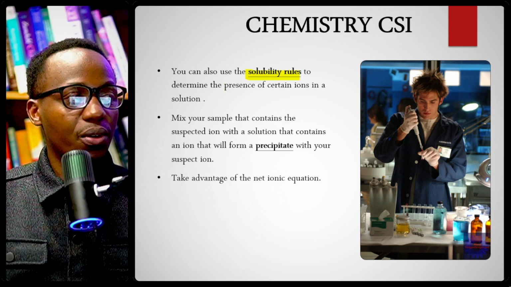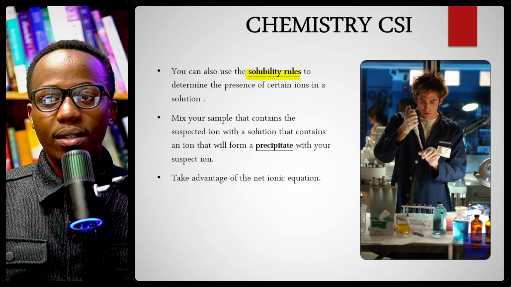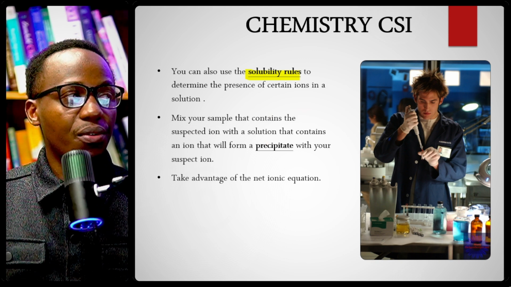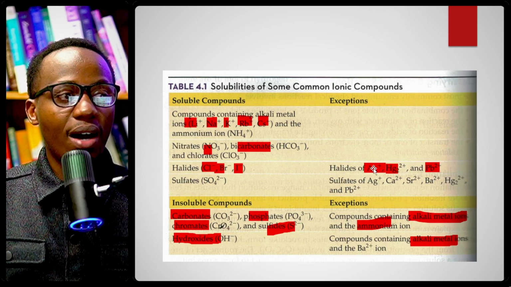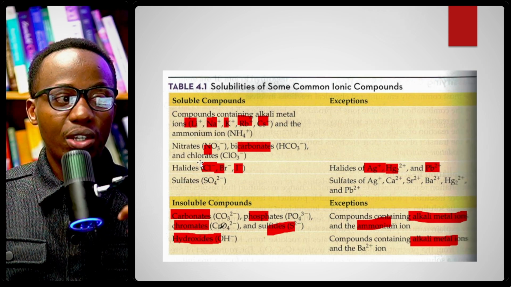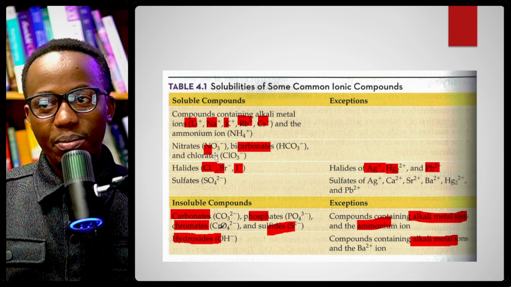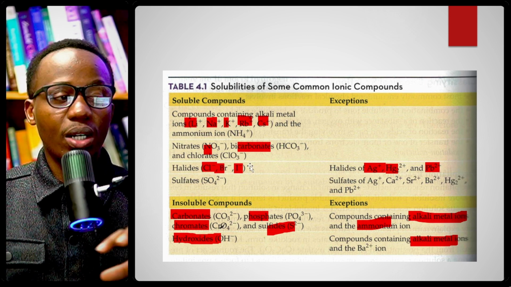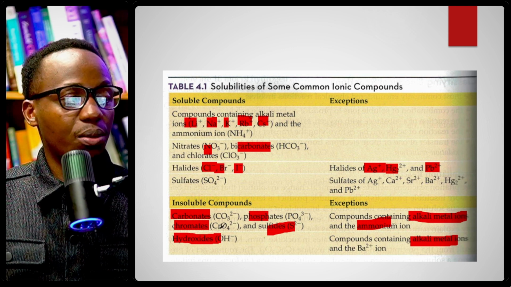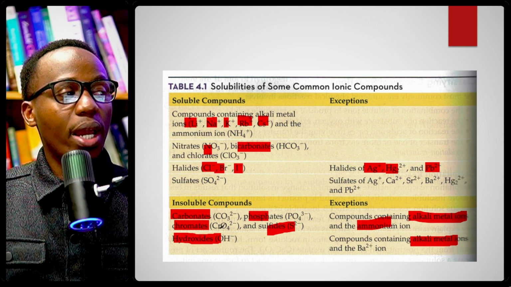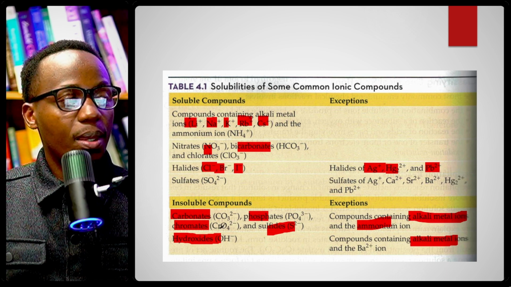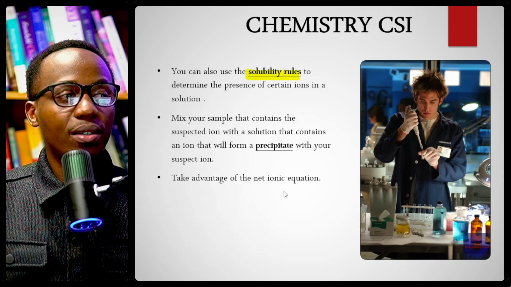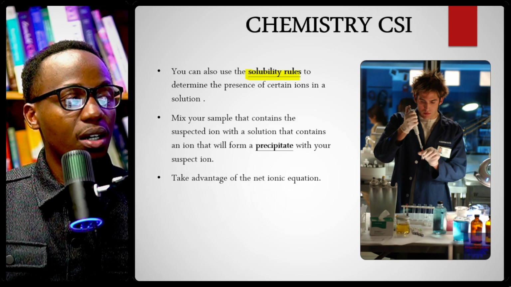So if you want to know if you have silver or mercury or lead, you can add a halogen, and if I see a precipitate, you're like, okay, I have one of these three. So that's one way you can detect the presence or absence of a certain ion by precipitation, right?